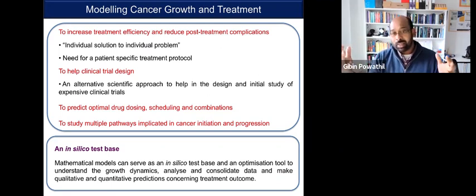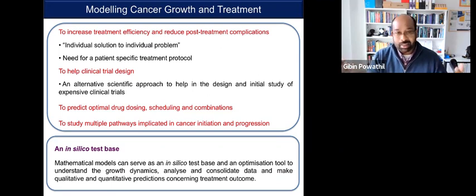Can we use this data to devise a patient-specific treatment protocol, at least advice that for this patient this is the best treatment protocol? You should give chemotherapy first, radiation after. The dosage should be roughly, say, 60 gray of radiation, or the chemotherapy dosage is such, and so on. Can we do that from a mathematical point of view?